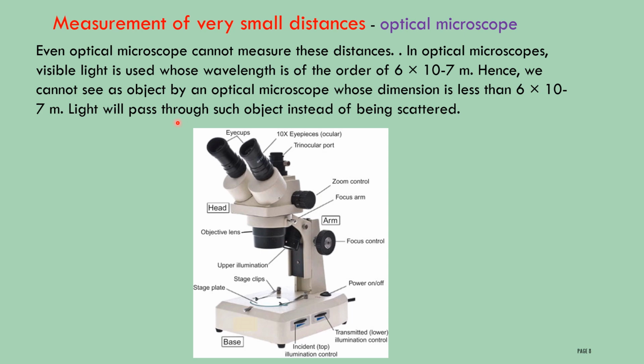If we use this microscope to measure a small object, then light will pass through the object instead of being scattered. If you want to see an object, it has to scatter the light. If it simply passes through the object without scattering, then you can't measure the small distance. Therefore, we can't use an optical microscope to measure very small distances.